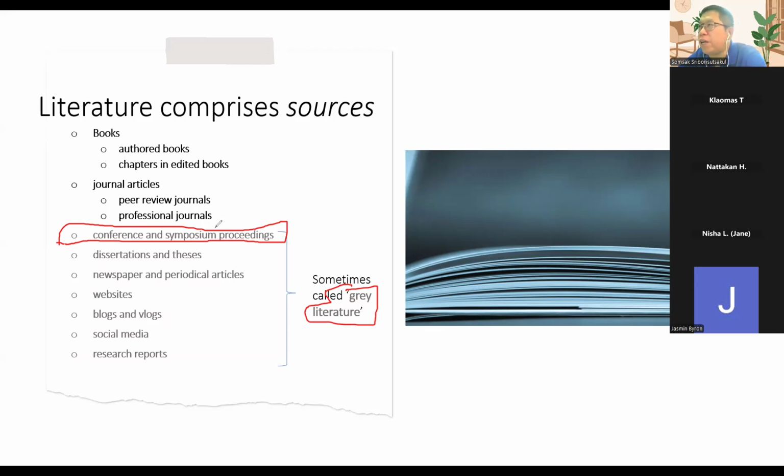And they have proceedings after the conference finishes. But they don't sell them, right? They are not commercially published. That's why we call conference or symposium proceedings gray literature.